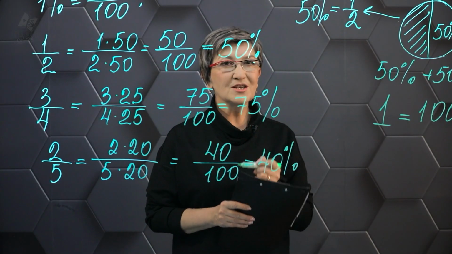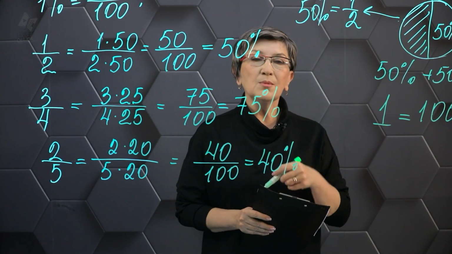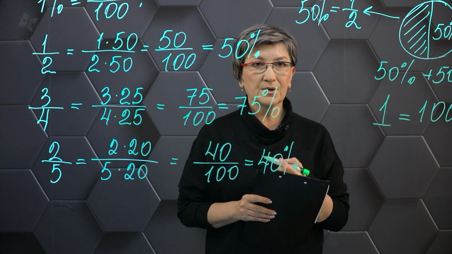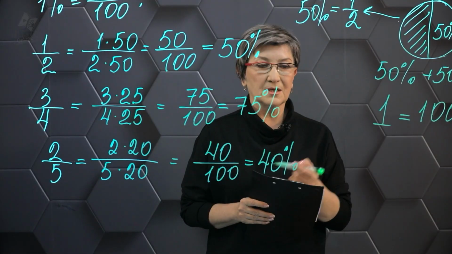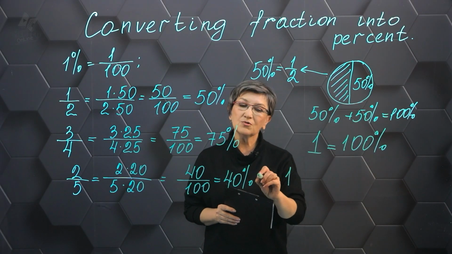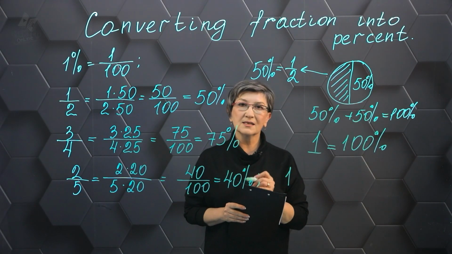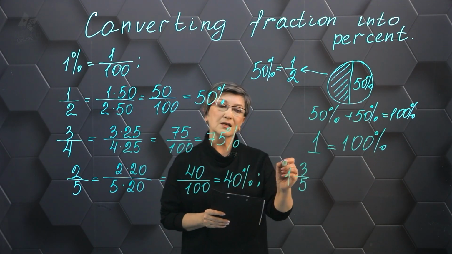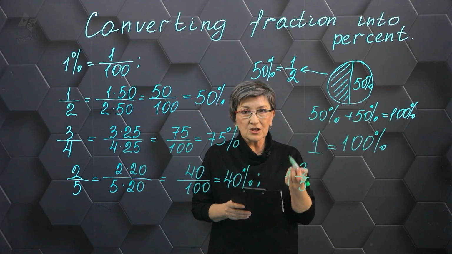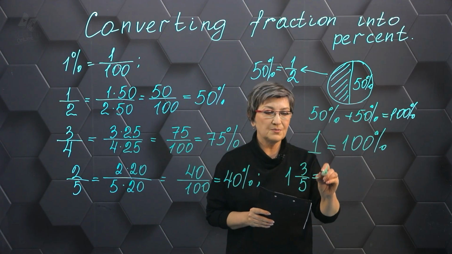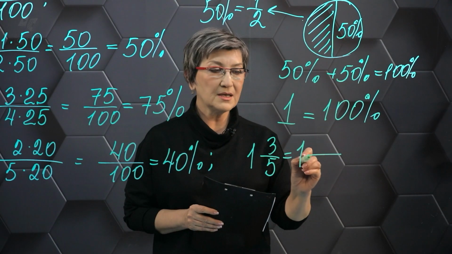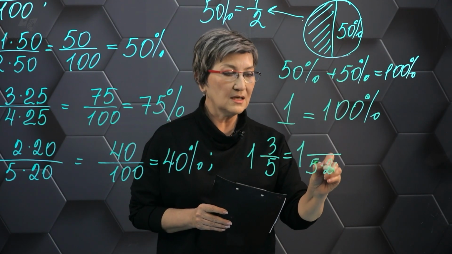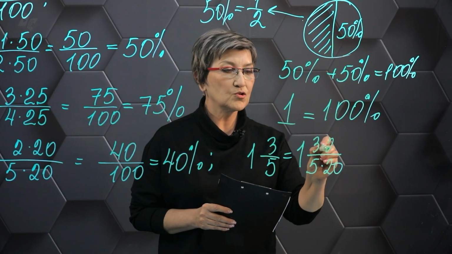But of course you may ask the question, can there be more than 100%? Yes, of course it can. If I consider the following fraction, 1 3/5, what can I do in that case? 1 is already 100%, but we will write it down as 1. Again, I'll multiply 5 by 20. And then I'll multiply 3 by 20.